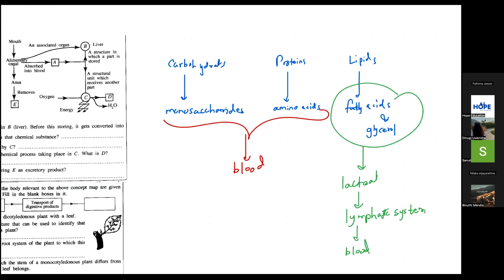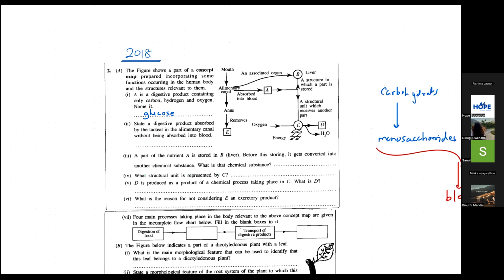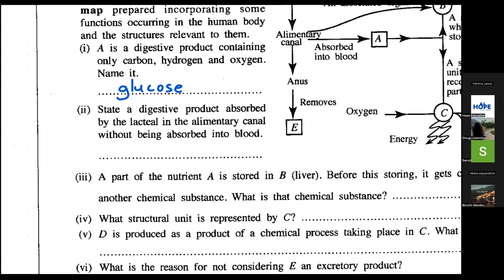Therefore here a digestive product absorbed by the lacteal without being absorbed to the blood is fatty acid කියලා ලිව්වා නම් හරි. or glycerol කියලා ලිව්වත් හරි. මේ දෙකේ මොකක් හරි එකක් ලිව්වා නම් ඇති. A digestive product නේ. That means one is enough.